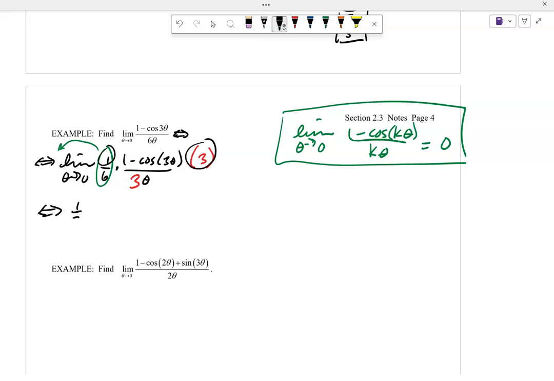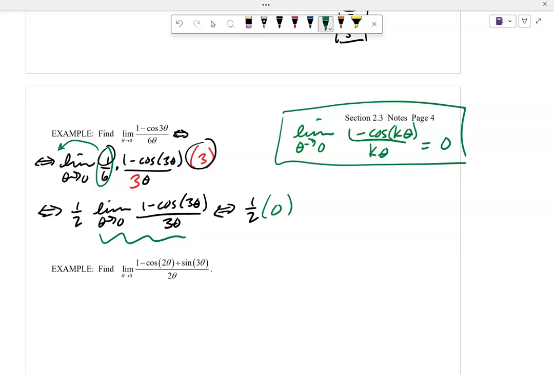So 3/6 or a half will be out front. And so this just ends up being a half. We know this whole thing is 0. So I got a half times 0, which just ends up being 0 on this one.